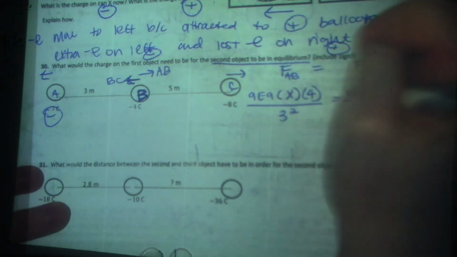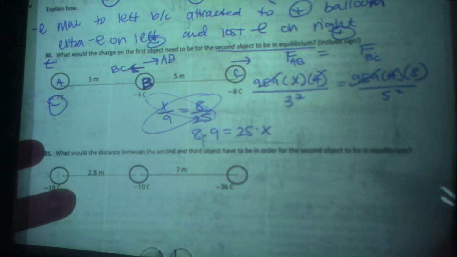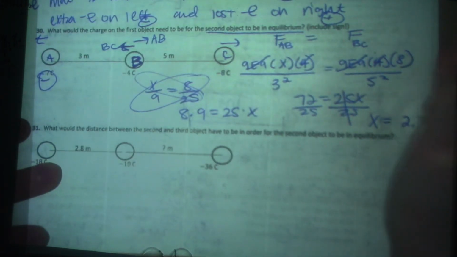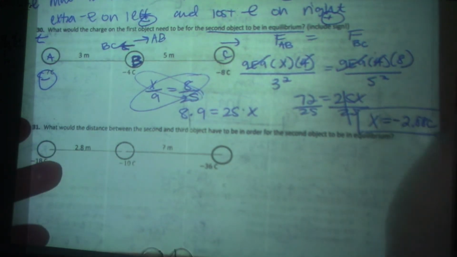Cross off the 4 and the 99, so you have X over 9 equals 8 over 25. We're going to cross multiply, so 8 times 9 equals 25 times X. 8 times 9 is, what, 72? Equals 25X. Divide the 25 over, and that's going to get us that X is 2.88 coulombs. And we had already said it needs to be negative, so we just need to make sure that's in our boxed answer.